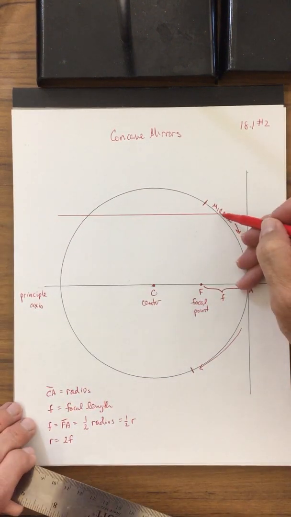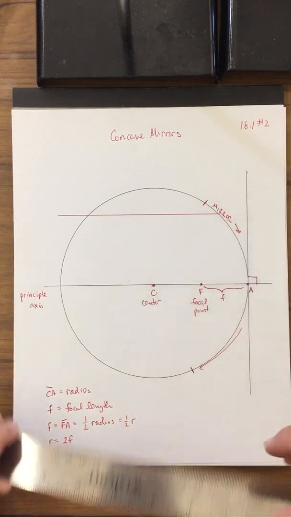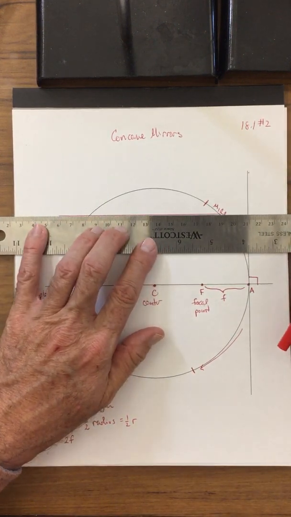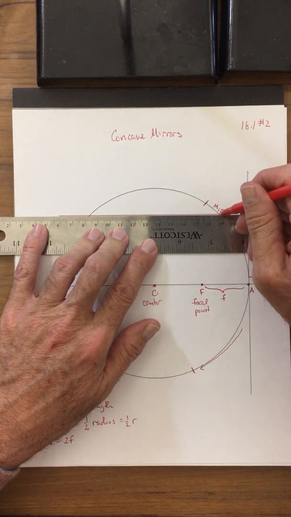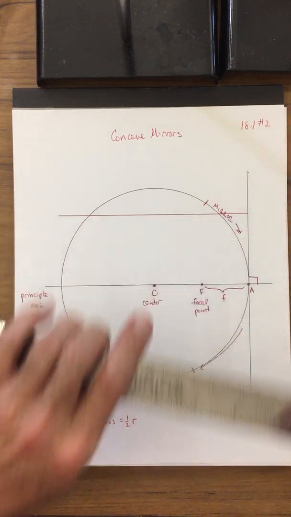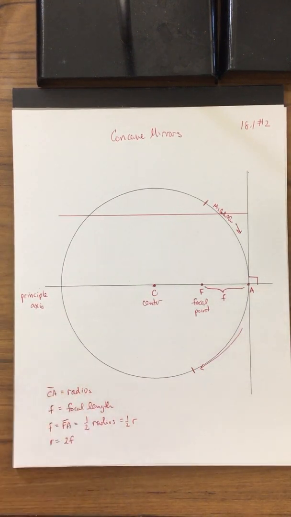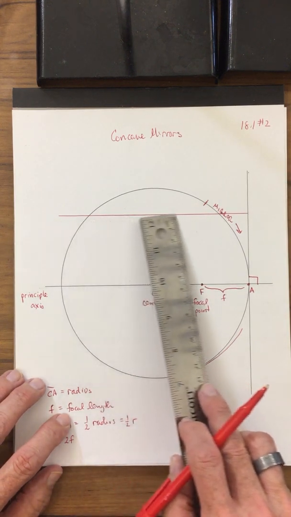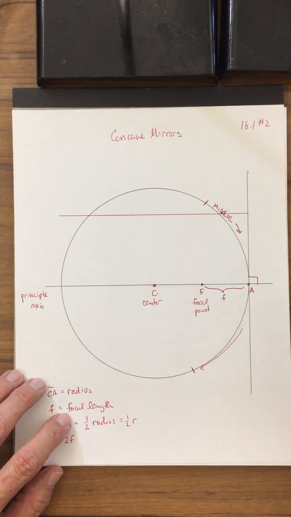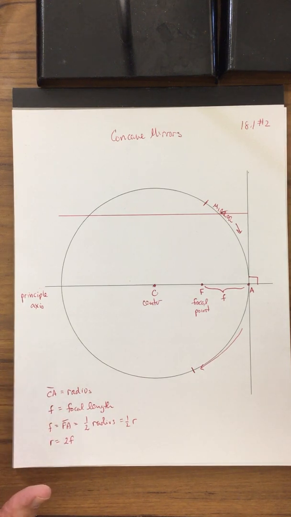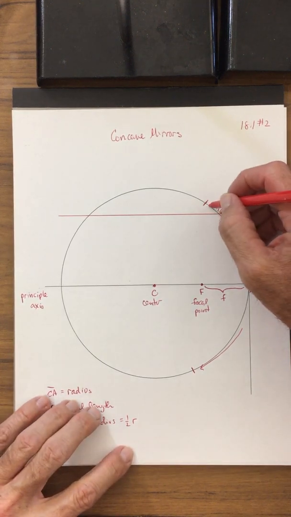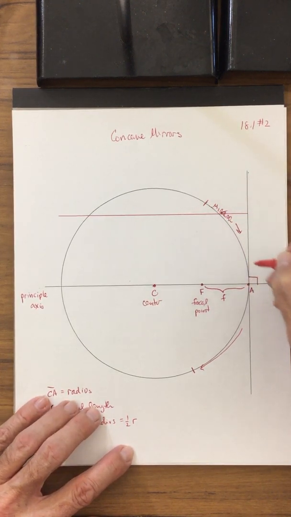Again, in reality, this light ray would reflect off of the mirror. But what we're going to do is draw this past the mirror and then hitting this line that's perpendicular to the principal axis and goes through point A. Now, imagine that this mirror is composed of an infinite number of small flat mirrors.